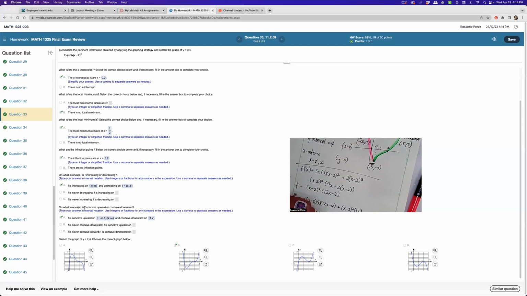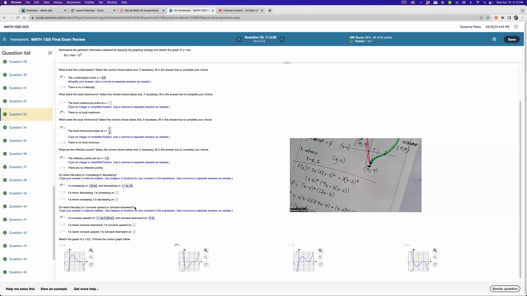Now, on what intervals is f concave upward or concave downward? So here's where your inflection points matter, okay? So let's take another color.